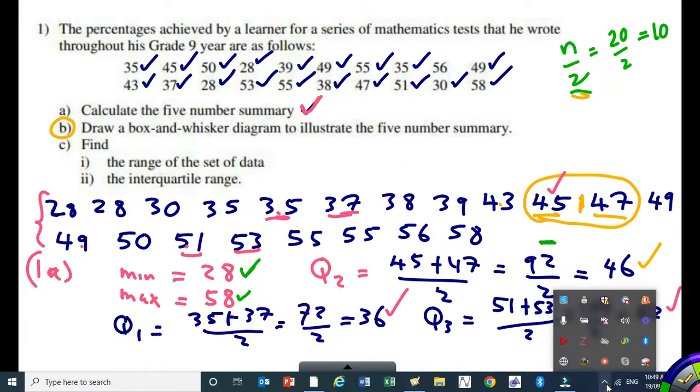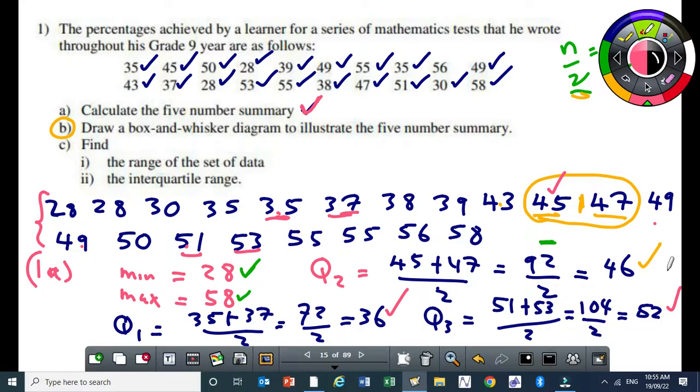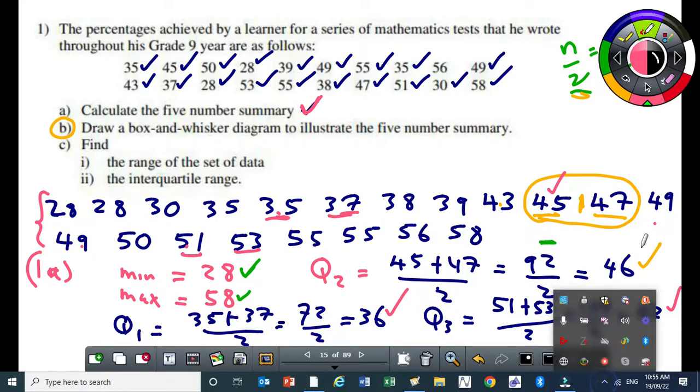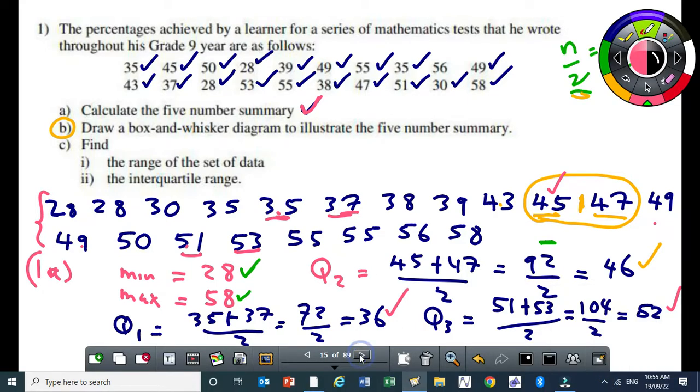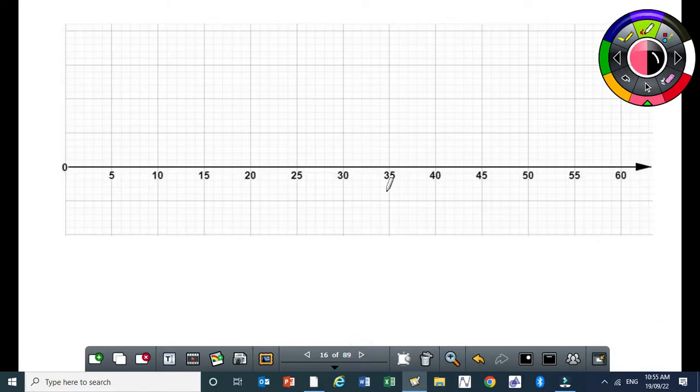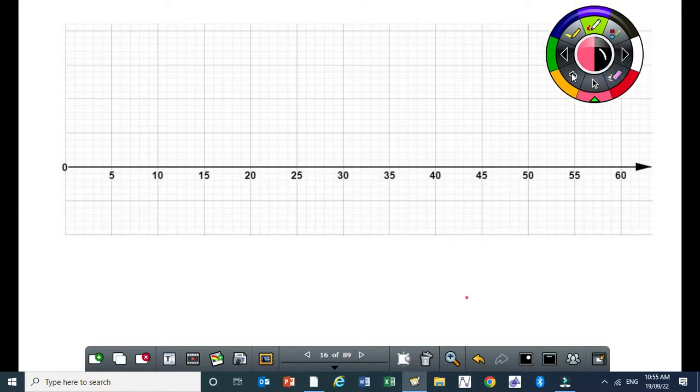My advice to you is to... I've got my number line there. Okay, so this is my number line.